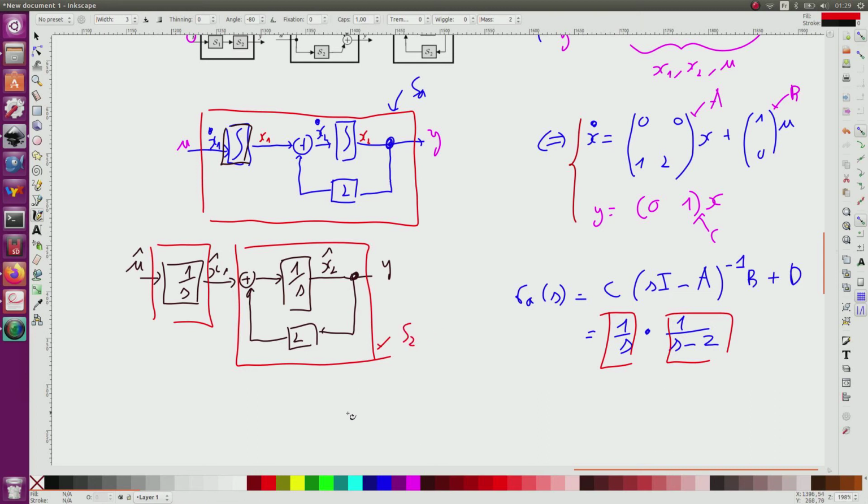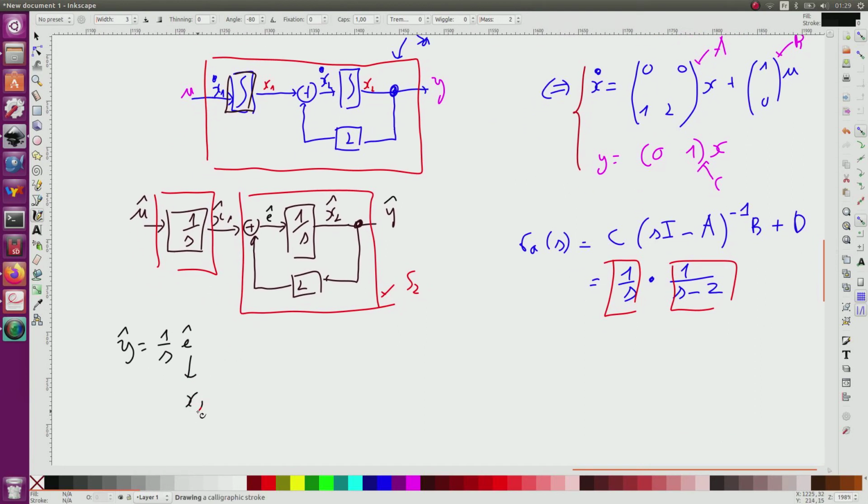So how can I do this? I write y hat equal to 1 divided by s multiplied by a variable, I will call it e hat. But e hat is equal to x2 hat, which is an input of this system, plus 2y hat.